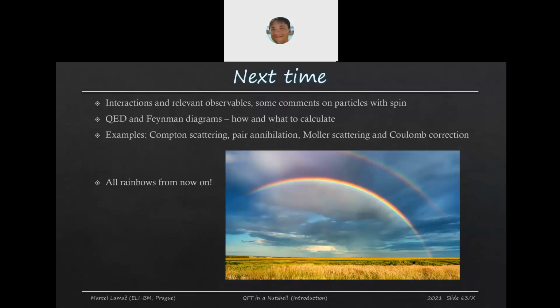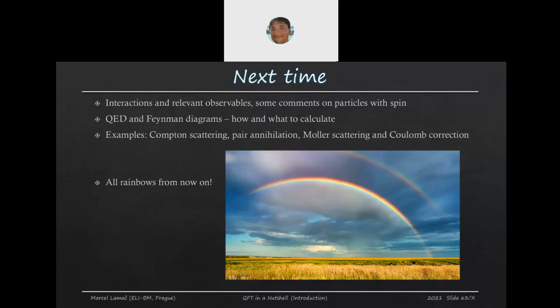The most important of which are the Compton scattering, the pair annihilation, and the scattering of an electron on a proton in some nucleus, for example. And we could also consider Coulomb corrections, which are usually not discussed, and that show additional structure of atoms. So it will be all rainbows from now on.